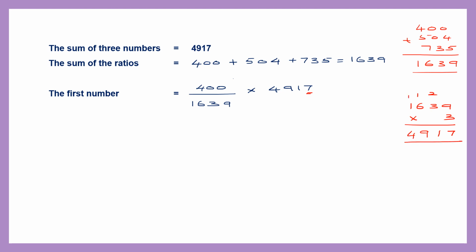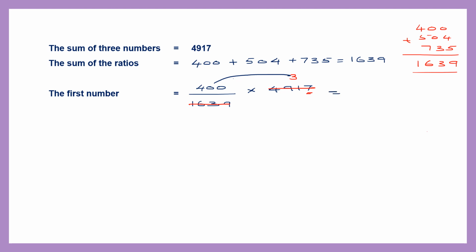So what do we have here? 4917. So we can cancel 1639 and this, because 1639 into 3 is 4917. So we now just have to multiply the numerators.